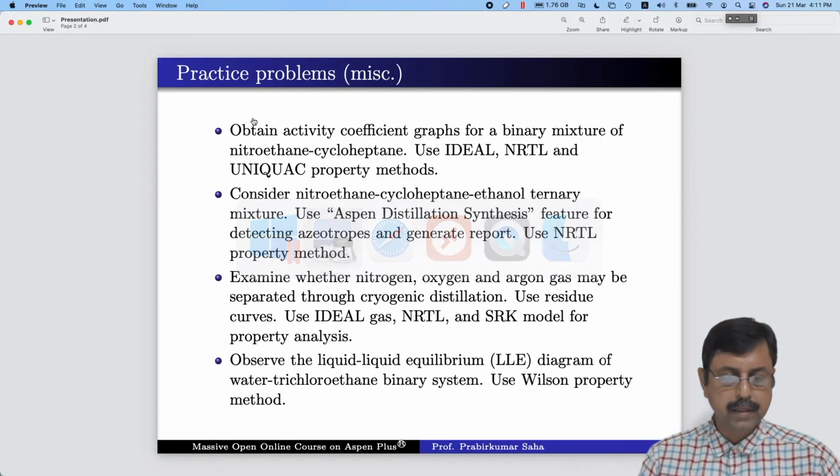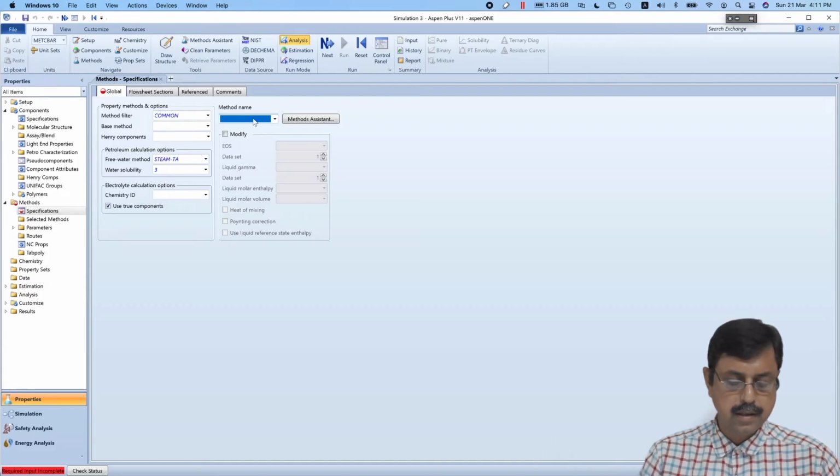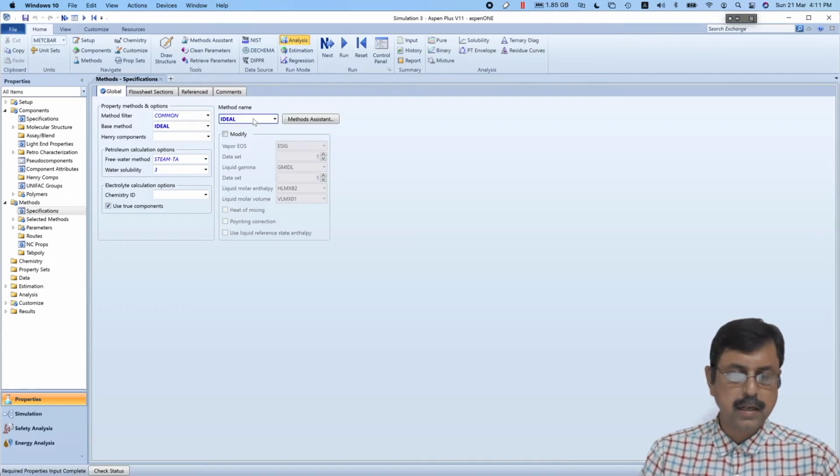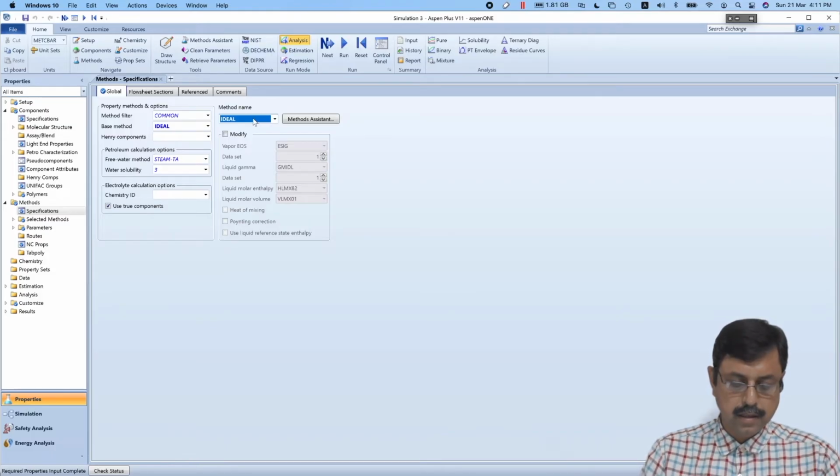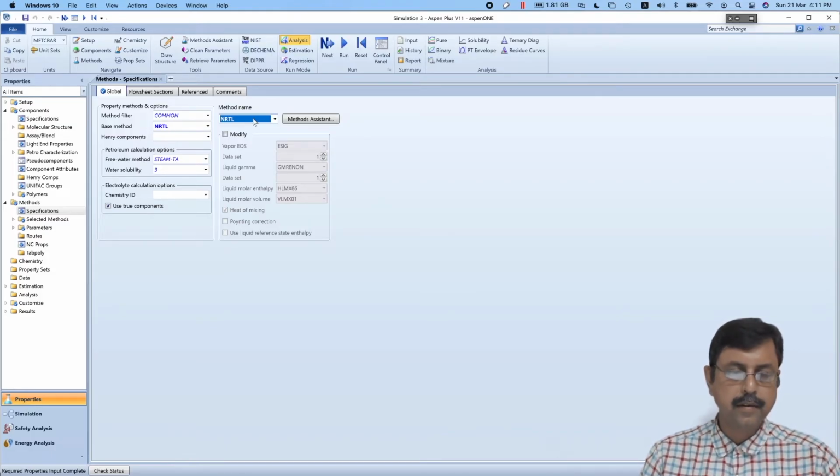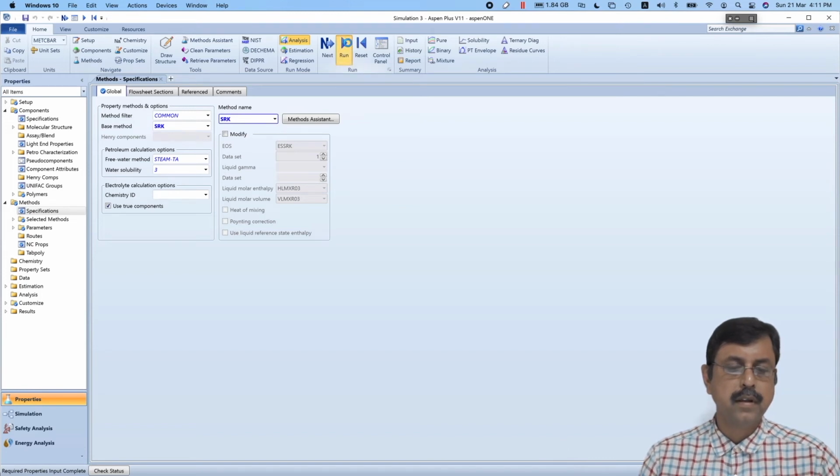And we have 3 methods: ideal, inertial, and SRK. Run the property methods. Run them twice or thrice, as many times as it wants. Okay. Now they are done.